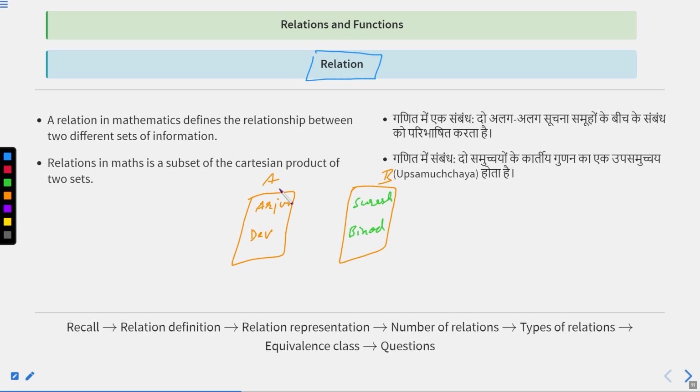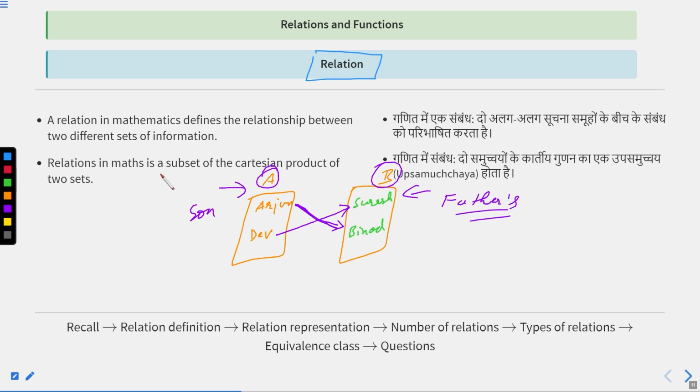And the relationship is like this: Arjun is son of Binod and Dev is son of Suresh. So this is what relation means: the representation or describing of the relation between two elements or between two groups. As you can see, A and B groups are related like this. This is the son group, and this is the father's group.